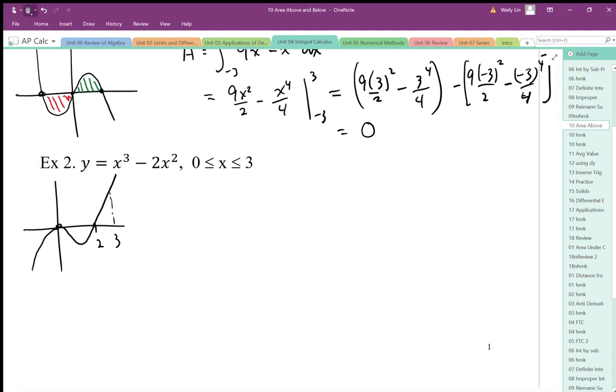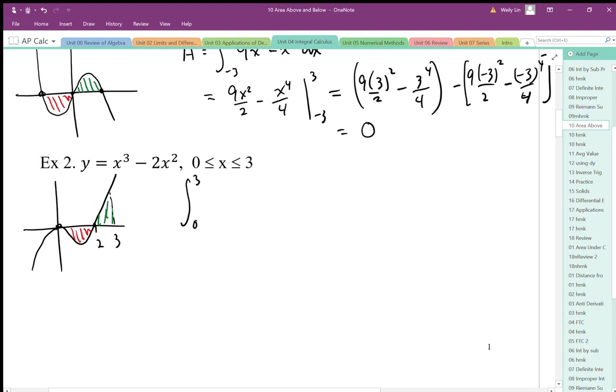So again, we have part of the curve above the x-axis and part of the curve below the x-axis. We want not the area, so we're not going to split these up into 2 different parts. We want the negative area to count against the positive area because we want to calculate the net displacement.